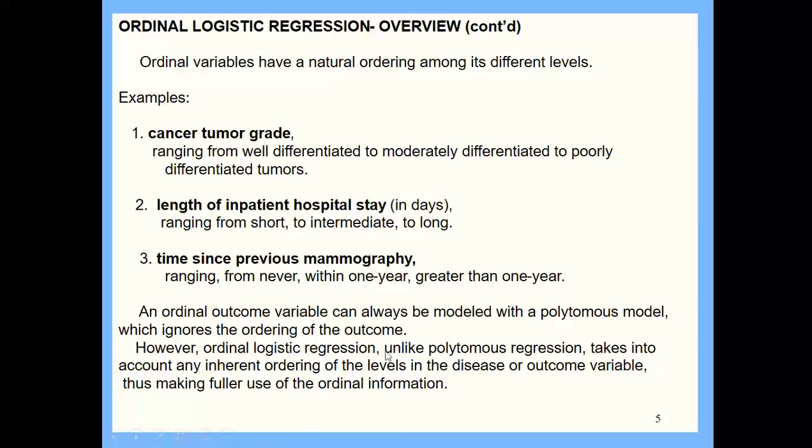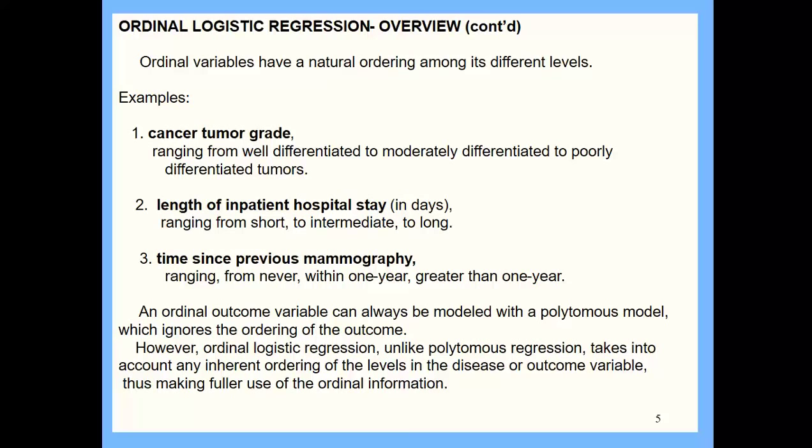That doesn't mean you couldn't also use polytomous logistic regression, but if you do, you're not taking into account the ordering, and you might lose something in precision or power in the tests or estimates. So that's why you want to use ordinal logistic regression if you have an ordinal outcome.